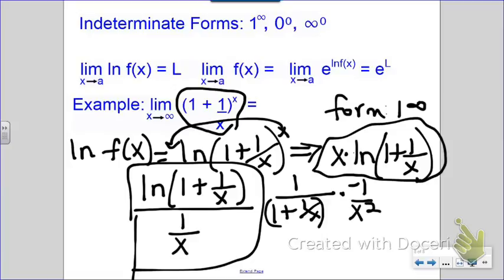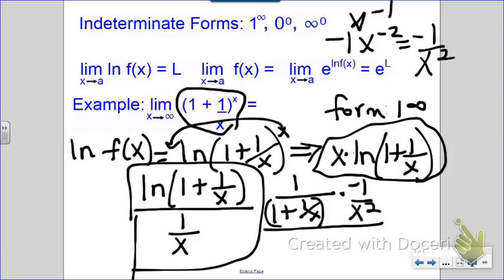Okay, going back and reviewing: x to the negative 1, derivative is negative 1, x to the negative 2, which is negative 1 over x squared. All over, derivative again of 1 over x is negative 1 over x squared. Notice that the negative 1 over x squareds will cancel out, so I'm left with 1 over 1 plus 1 over x.